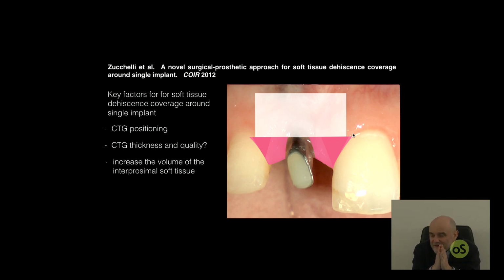What does it mean, trapezoidal? It means that instead of having only a triangular tip that once it has been desepithelialized, nothing remains, you have a soft tissue isthmus.